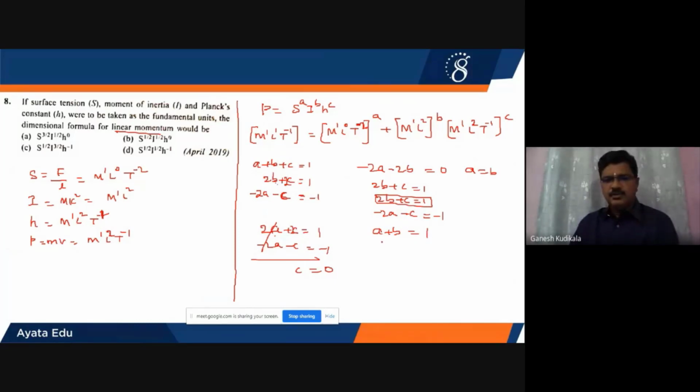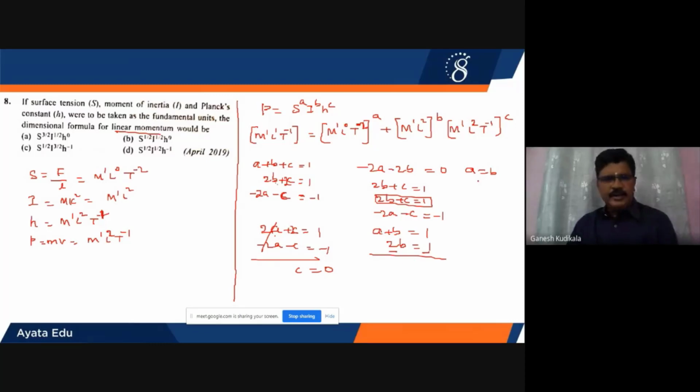Therefore, here I'll get 2b equal to 1. So on subtracting, this is minus 2b minus 1.